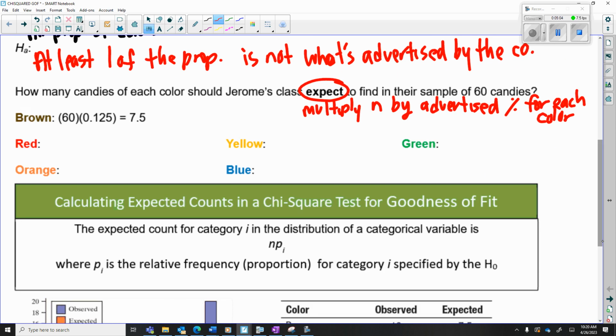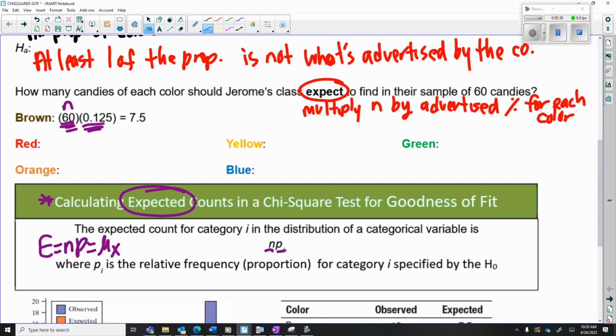So for example, they have brown here. The total in the sample is N, 60, and the advertised percent for brown up top was 12.5%. Remember back in the day, the expected value for a binomial setting was N times P, or the mean, what's expected, was N times P, where N is the total amount and P was the probability of success.